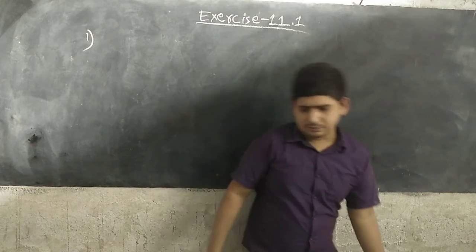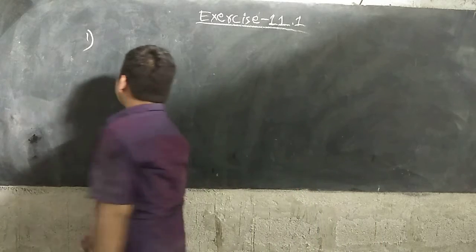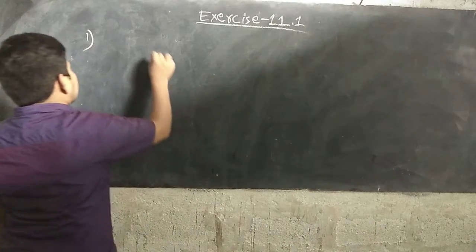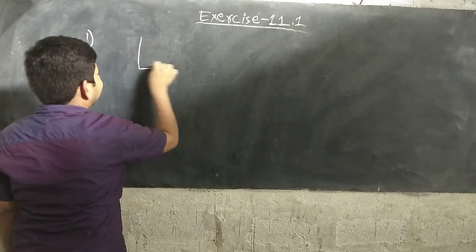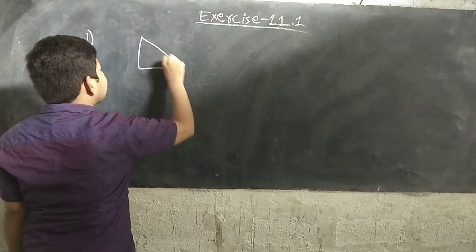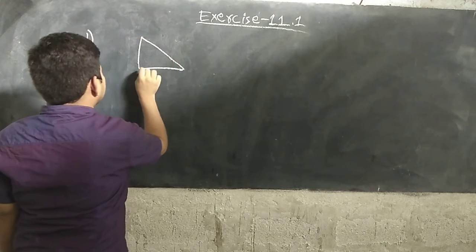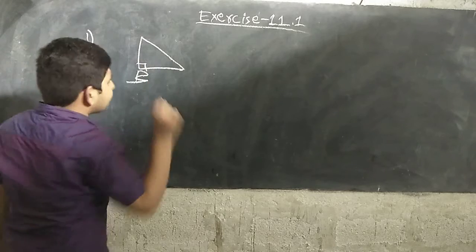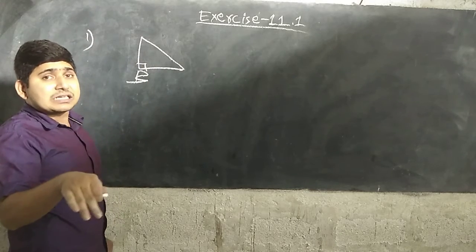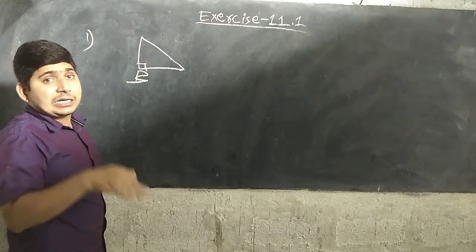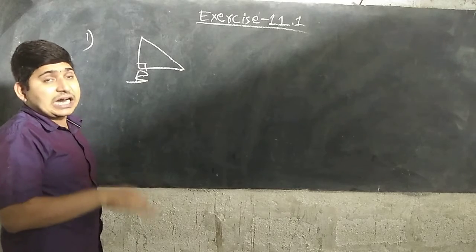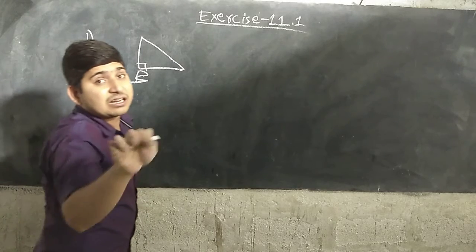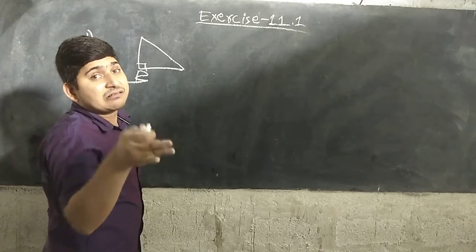Draw the right triangle ABC with the right angle at B. Because it is not mentioned at which point the right angle is, you can take either B or C, but not A, because A is the unknown angle.